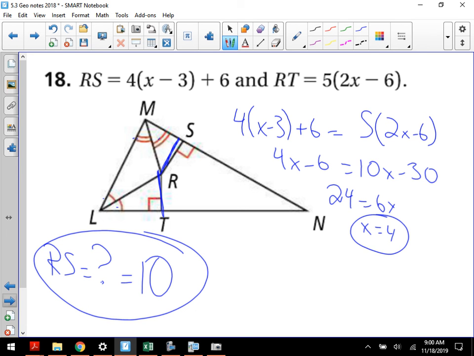So what's 2 times 4? What's 8 minus 6? 2. What's 2 times 5? Okay, that's what it's supposed to be. What's 4 minus 3? What's 1 times 4? What's 4 plus 6?